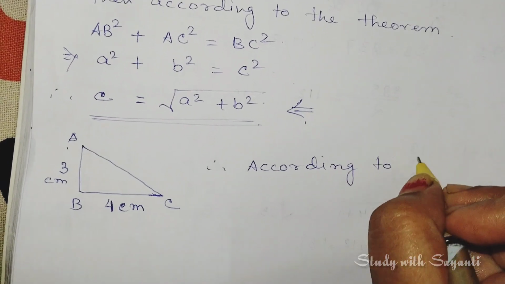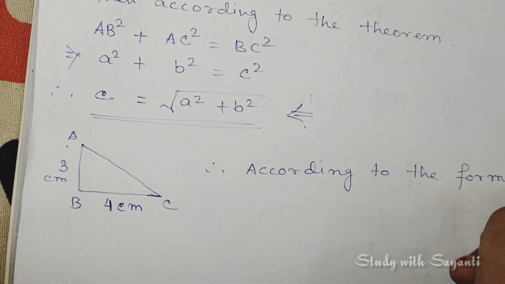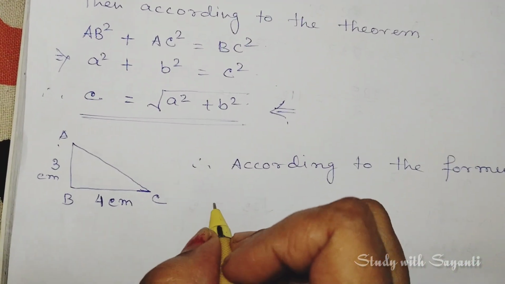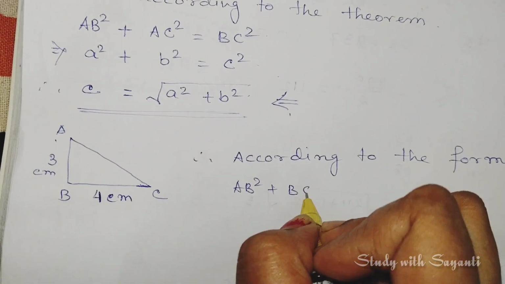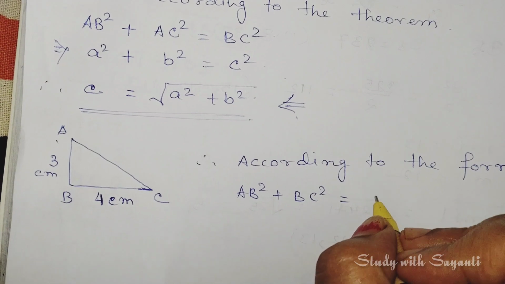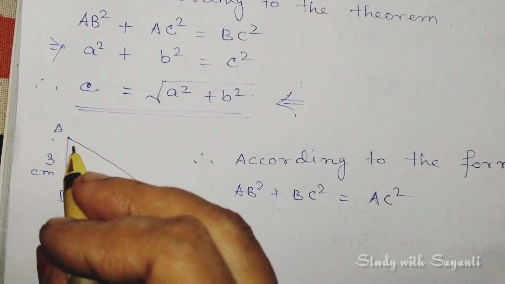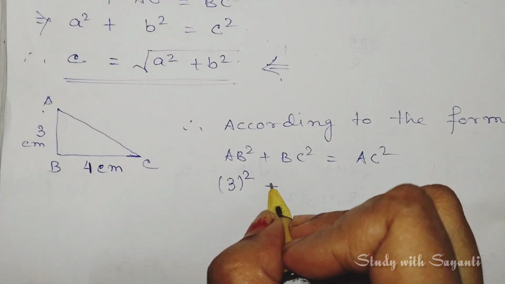According to the formula, we can say AB square plus BC square equal to AC square, that is perpendicular square plus base square equal to hypotenuse square.